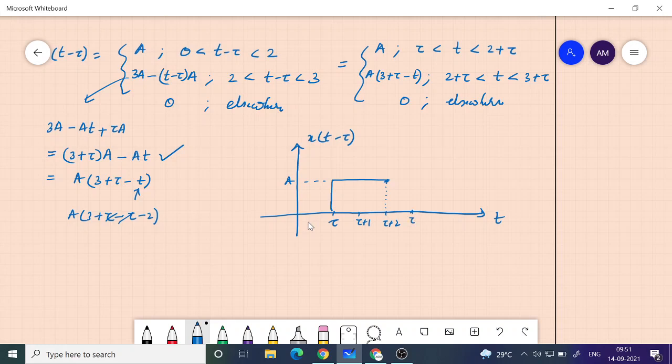If you put tau plus 3 instead of tau plus 2, then 3 minus 3 is 0, so it will be 0. That means you just join these two points. This is the straight line that this particular expression gives, and elsewhere it is 0, meaning to the right and to the left, which is not covered by the ranges shown here, it is 0.